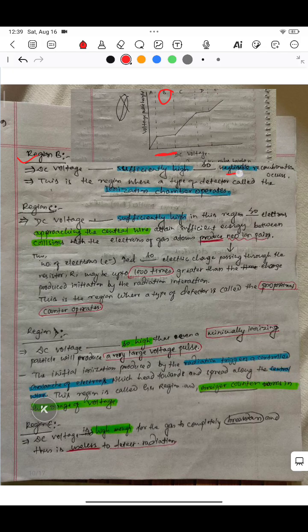So negligible recombination occurs, and this region is where the type of detector called the ionization chamber operates.